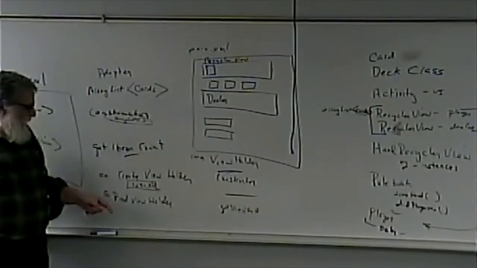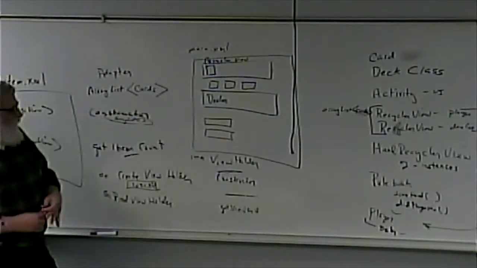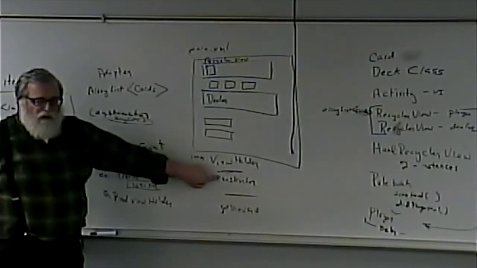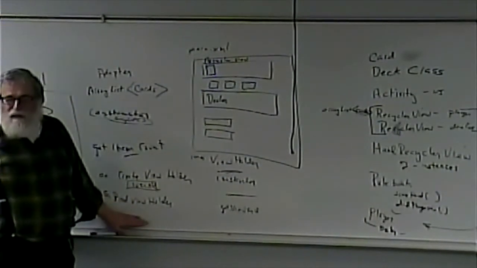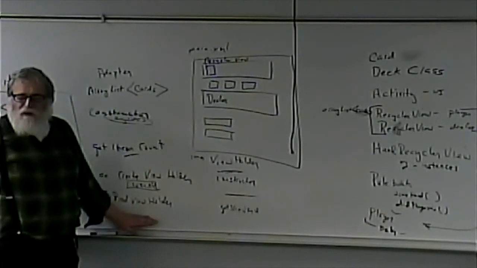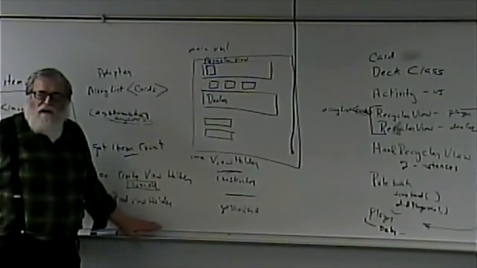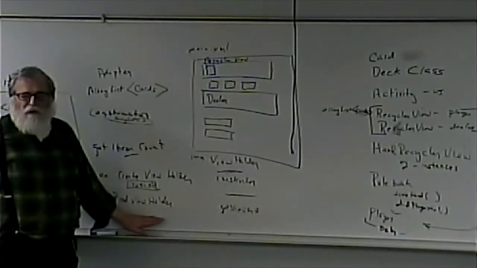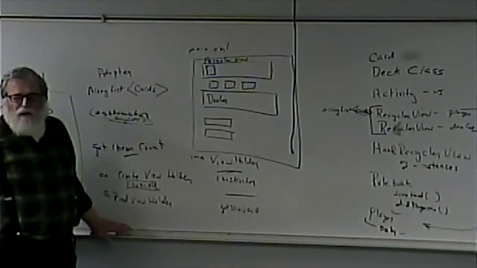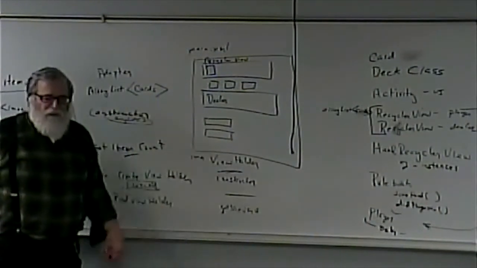All right, and there we have the pointer to the image over here. We set the image that's going to appear in that image view to be the file that that card is for. All right, so we get the image name from the card, we get the pointer from here, and we simply set that.